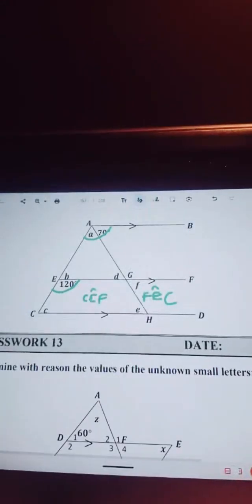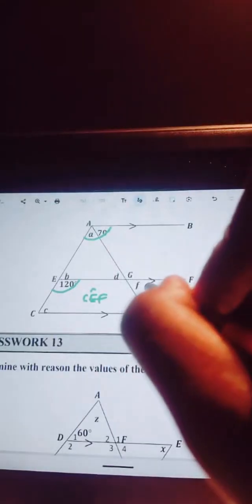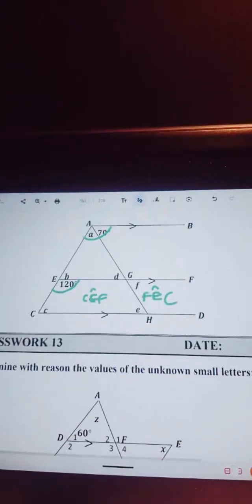If you say angle E, that's everything here. So you must be specific. Angle CEF is corresponding to that entire angle. Saying angle A is equal to angle E corresponding angles is not correct. You can't be general about an angle.